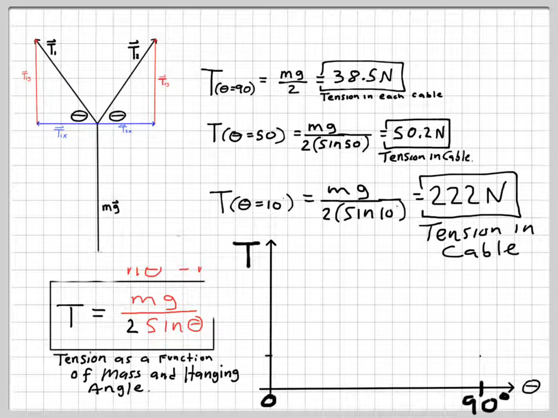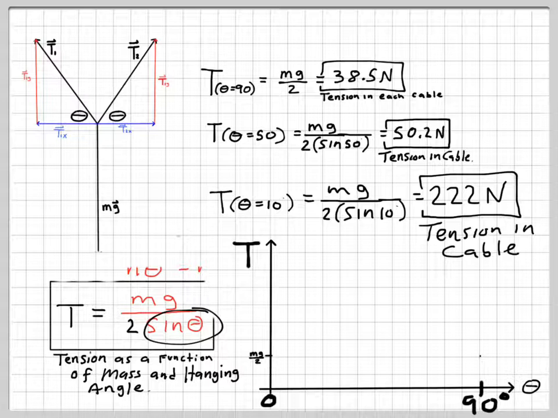So right, mg divided by 2. And then as we approach 0, because the sine function evaluated at 0 is 0, the closer we get to an angle of 0 degrees, the smaller and smaller the sine function value returns. And when you divide by small numbers, you end up with large fractions.